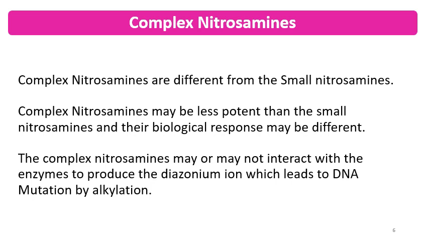See, the things to be considered and remembered are that the complex nitrosamines have a bigger structure, and these are different from the small nitrosamines. Generally, the small nitrosamines are much more potent, and all small nitrosamines have mutagenic potential. But for the complex nitrosamines, there are fewer chances of mutagenicity compared to the small nitrosamines.